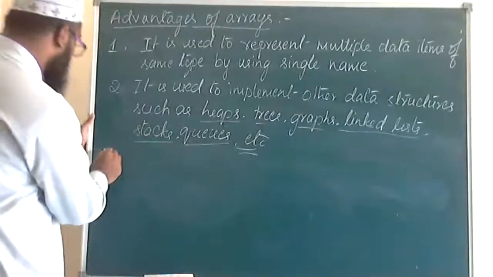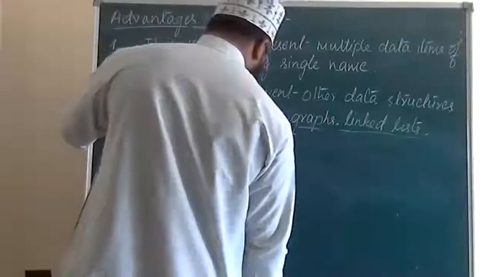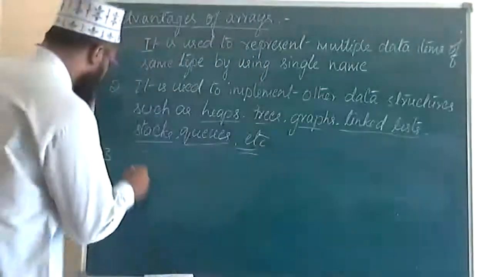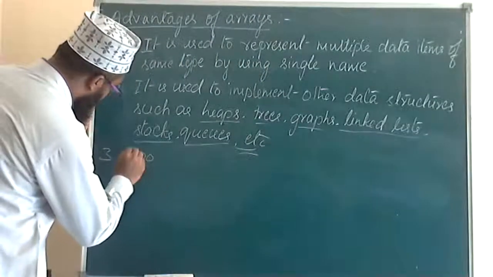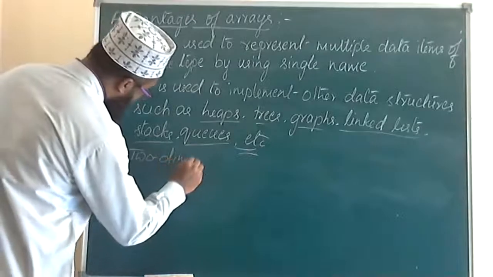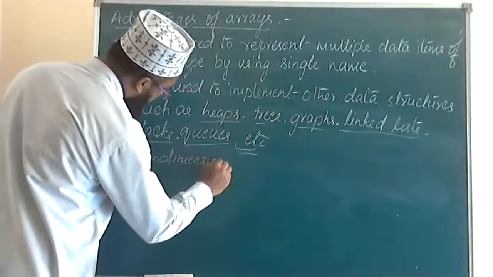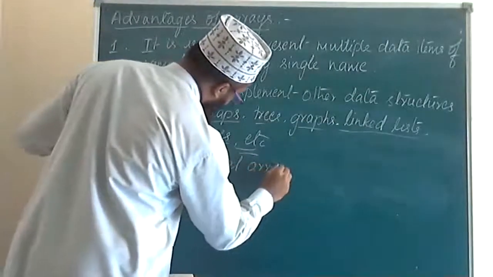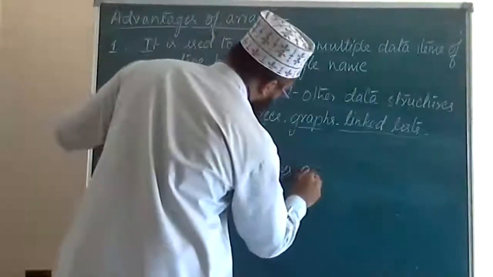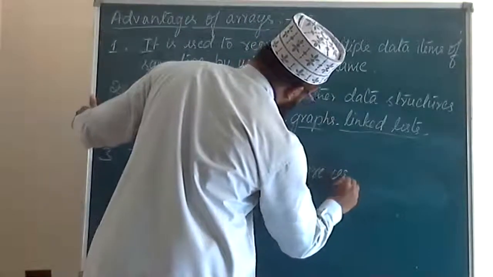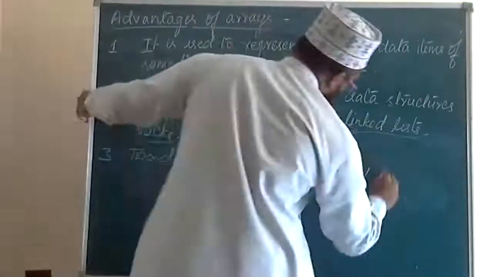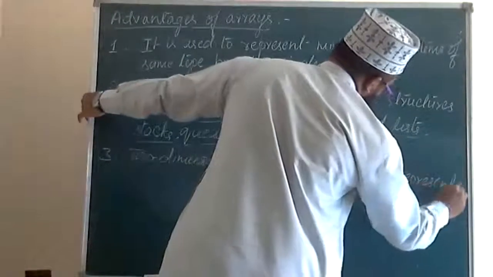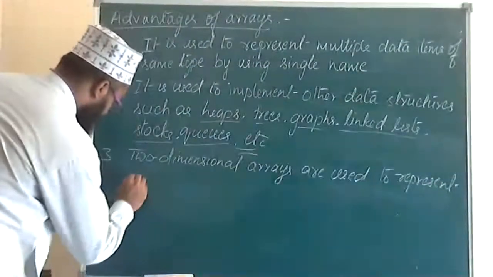Then the third point or the last point, that is, two-dimensional arrays are used to represent matrices.